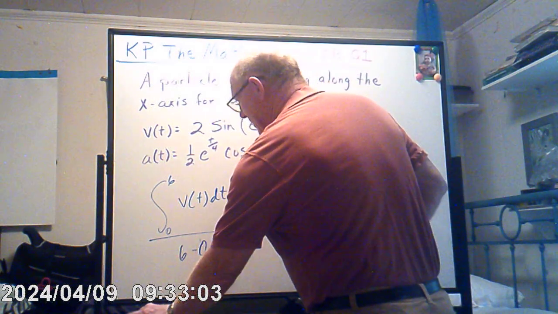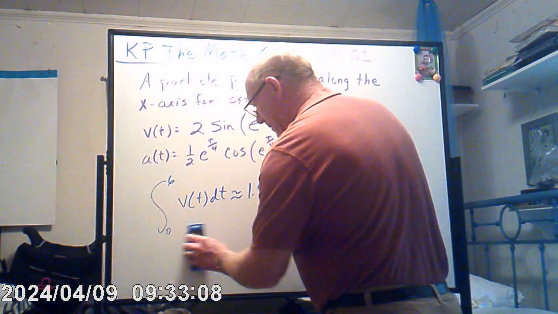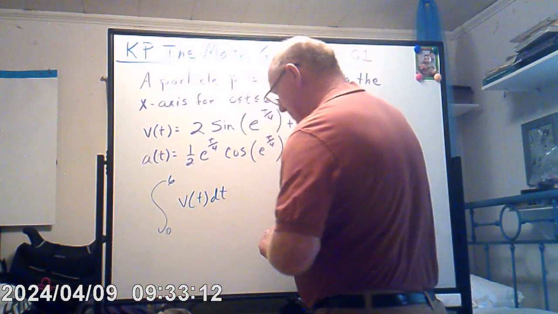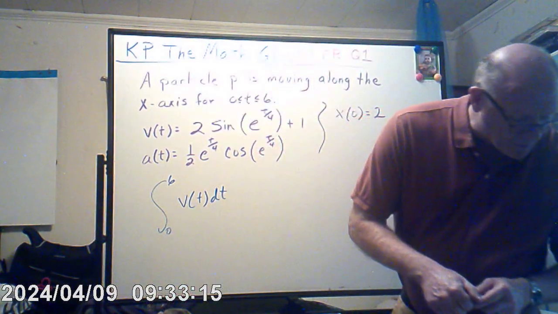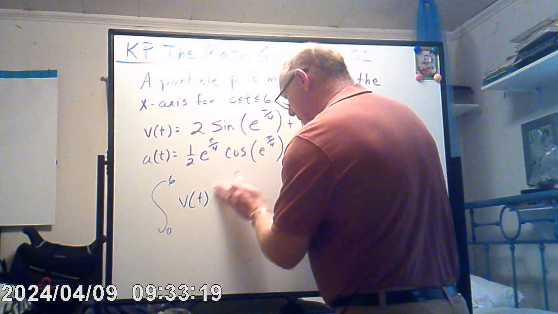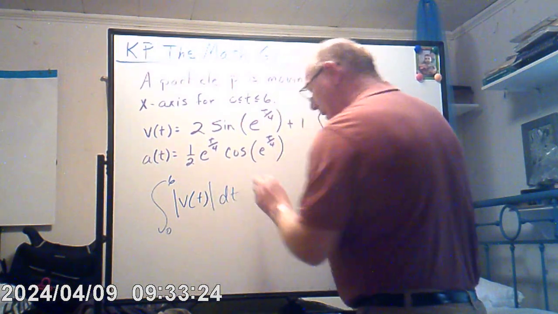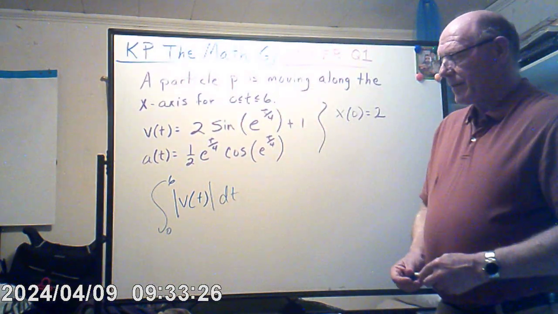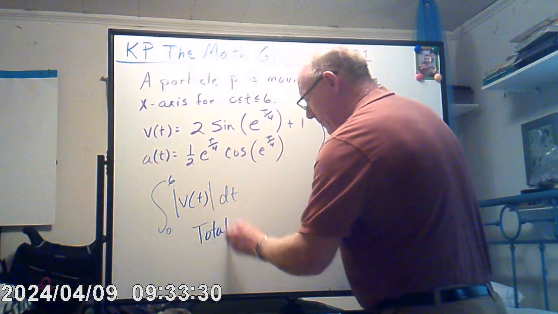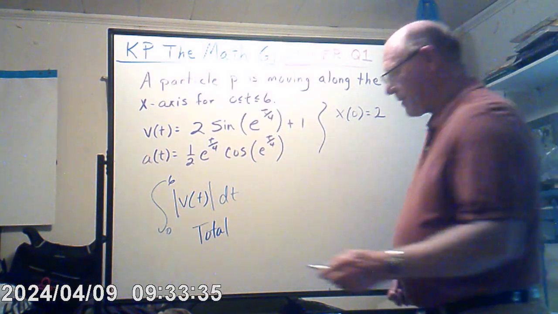That's the B part. C part is total velocity. Okay, from that time, all you've got to do is put the absolute value bars around this V at t dt. Actually, we're talking about total distance, not total velocity.